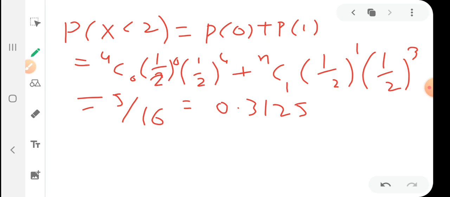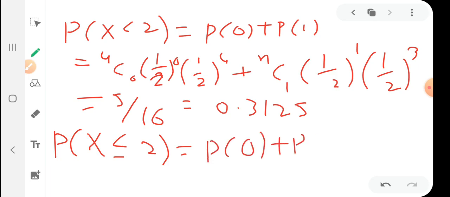Third one, what is the third question there? P of x less than or equal to 2. Now here, this you can do easily. X less than or equal to 2 means P of 0 plus P of 1 plus one more term added, P of 2. So in this calculation, add again P of 2, 4C2, 1 by 2 square into 1 by 2 square, like that, and do your calculation.